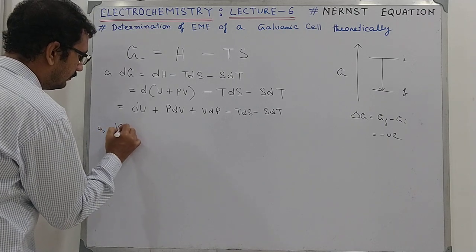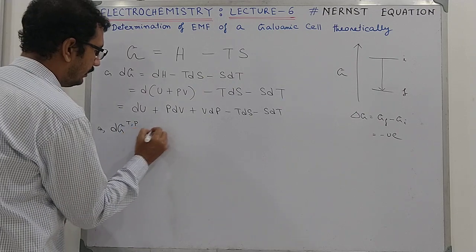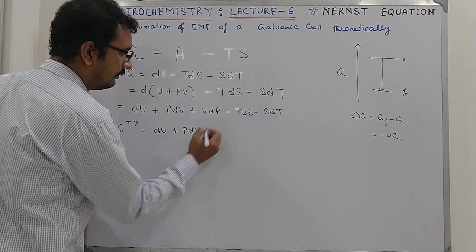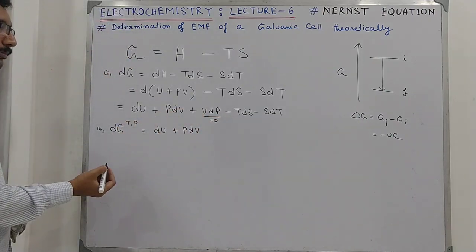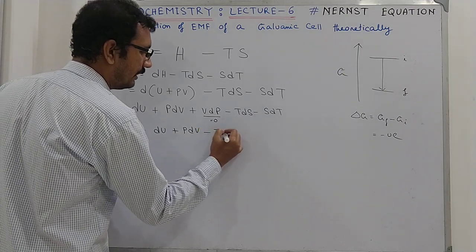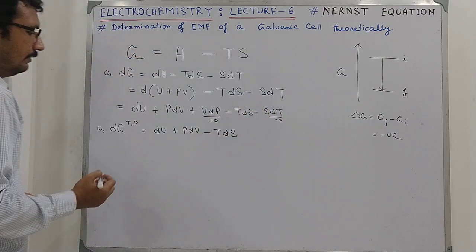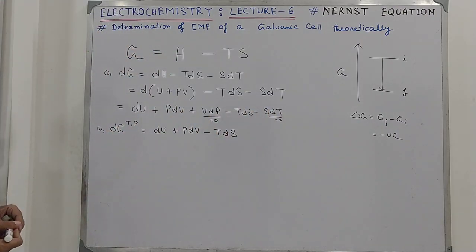So dG at constant temperature and pressure: dU plus PdV, and the VdP term will be 0, since pressure is kept constant. The TdS and SdT terms will again be 0. So the equation reduces to this form.